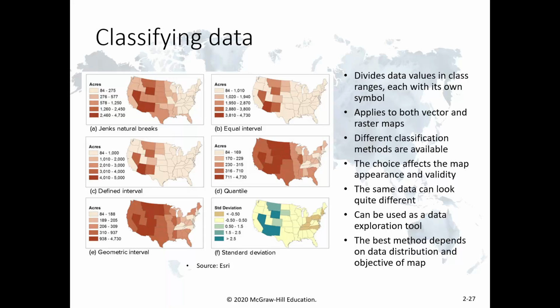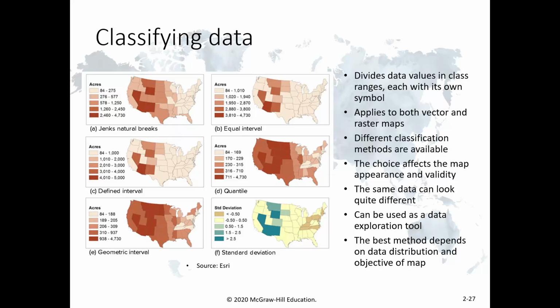As you can imagine, there are many ways to classify data, and different types of data classification have their pros and cons, so it's definitely important for you to read through the material provided in your book, looking at the Jenks method, the equal interval, defined interval, the quantile method, all of these different options to classify data. Figuring out how to choose the correct classification method is another skill in itself.